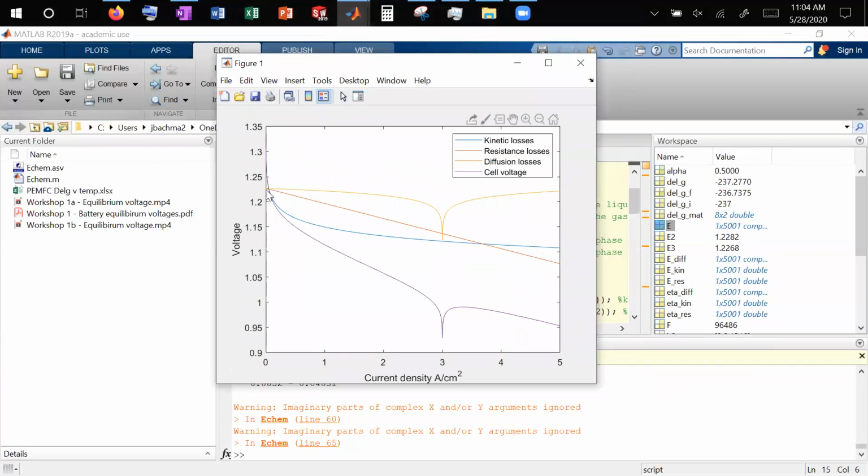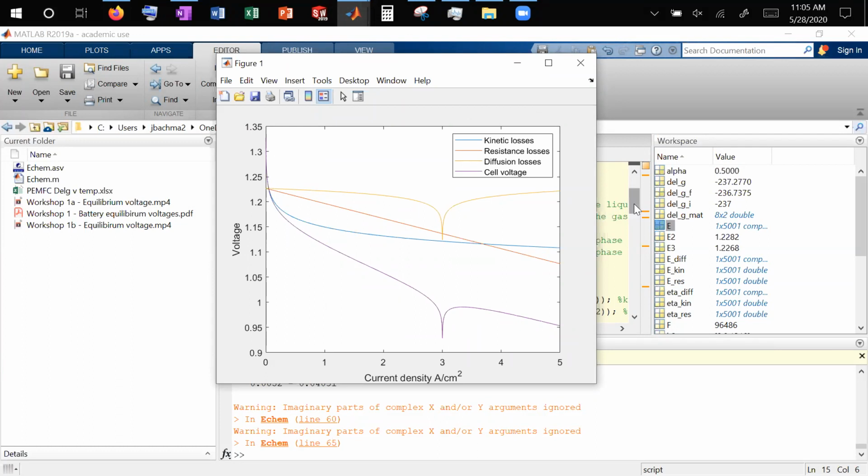All right, so here's our equilibrium voltage right here, and the purple is our cell voltage. What you're going to see is immediate... Let's see here.